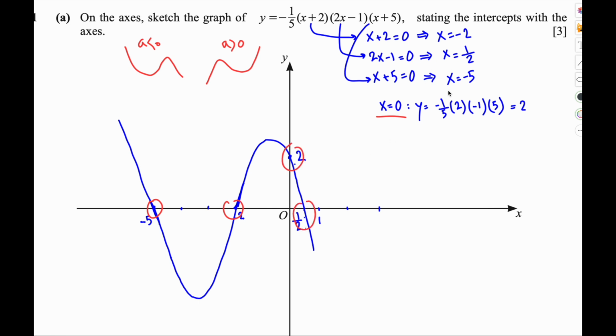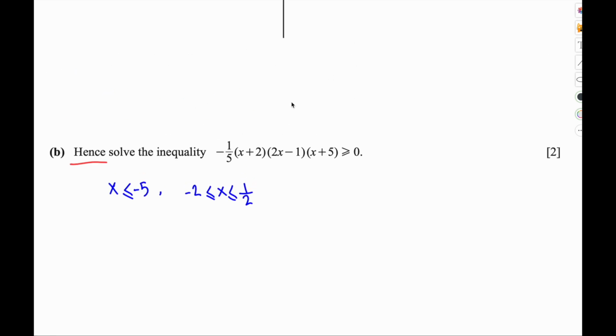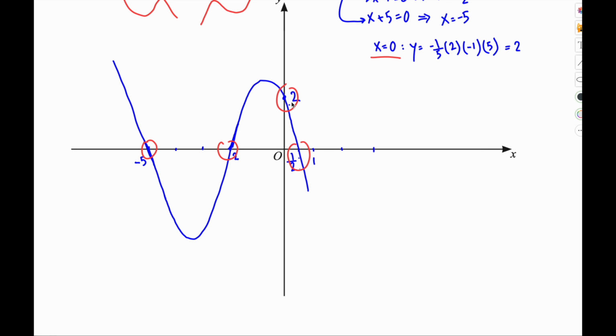In part B, I have to make use of the sketch that I just made and solve this inequality. So this cubic is greater than or equal to 0. If I refer to my graph, that means all the portions that fall above the x-axis, it's this region and this region.